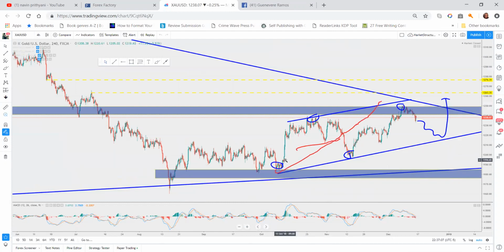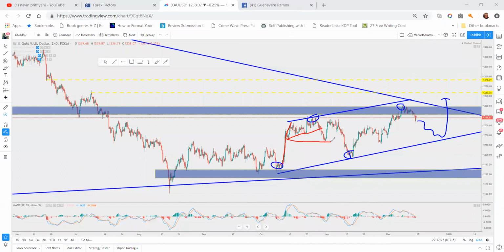Actually, no, that wouldn't be wrong. This right here was the impulse, and it was creating a flag.